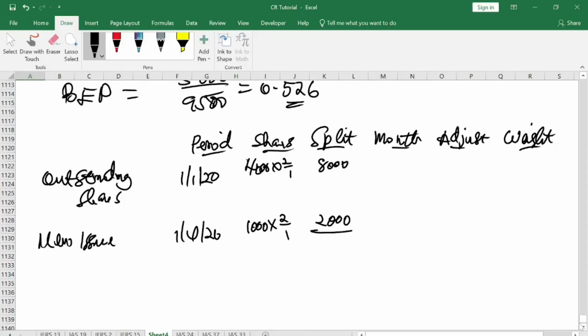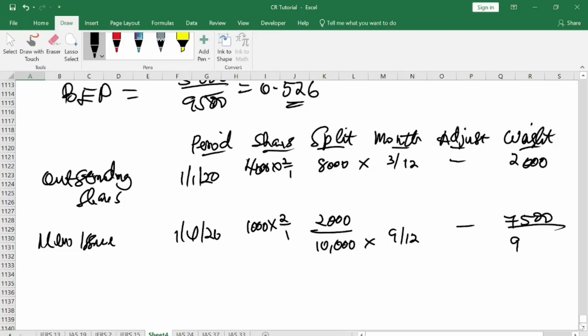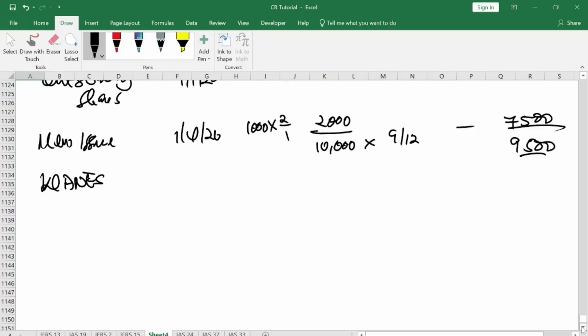Now the months are 3 over 12 and 9 over 12. The first, outstanding, gives you 2,000 and the second gives you 7,500. When you add, you have 9,500, the same as what you did above. You can now calculate your basic earnings per share, which is 5,000 over 9,500, that is 0.526.